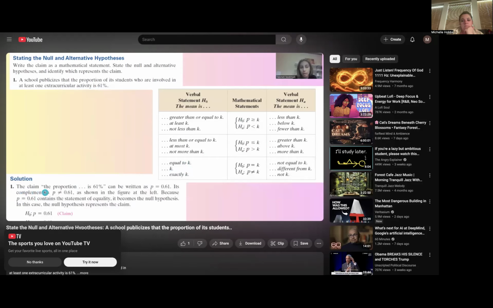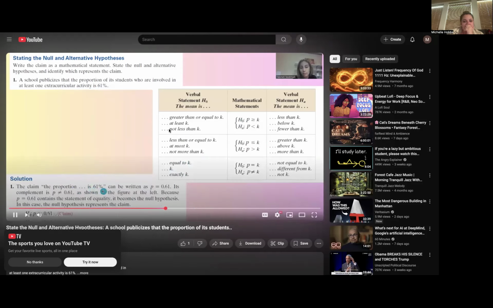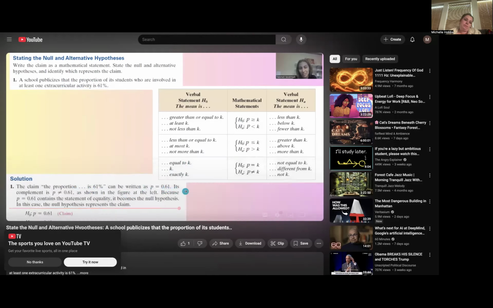The claim, the proportion is 61%, can be written as P, the population proportion, equals 0.61. The complement, which is going to be your alternative hypothesis, is written as not equal to. So the school says the proportion of students involved in extracurricular activity is 61%. Is it true? Is it false? We need to investigate that. We need to test that hypothesis.